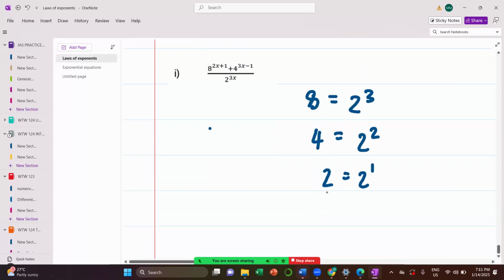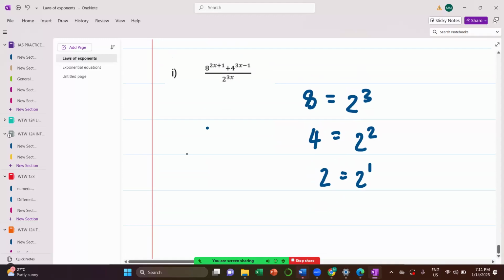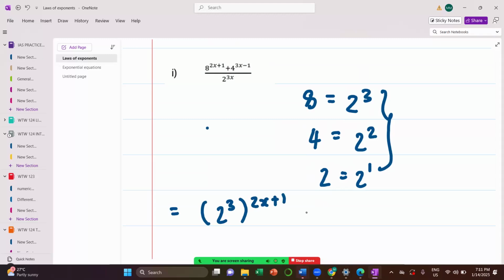So now, wherever I see these numbers, I can just substitute the numbers on the right. Where I see 8, I'm going to substitute 2 to the exponent of 3. Where I see 4, I'm going to substitute 2 to the exponent of 2. Where I see 2, I can put in 2 to the exponent of 1. So where I see 8, I'm going to have 2 to the exponent of 3, all to the exponent of 2x plus 1.